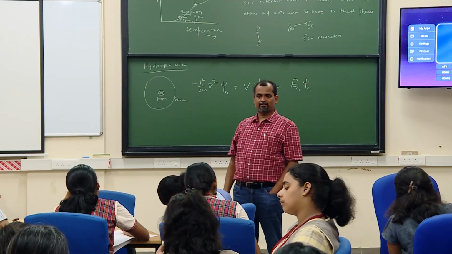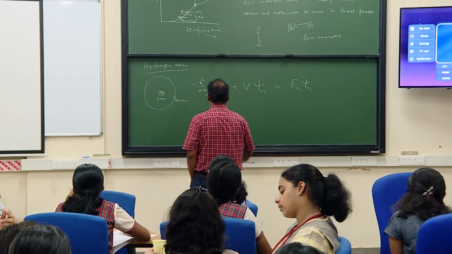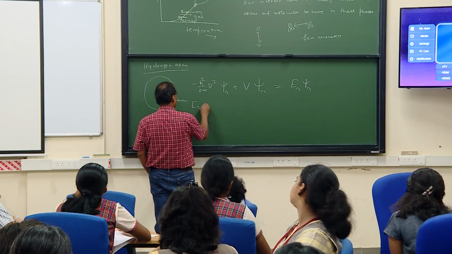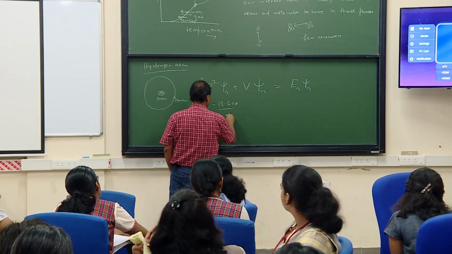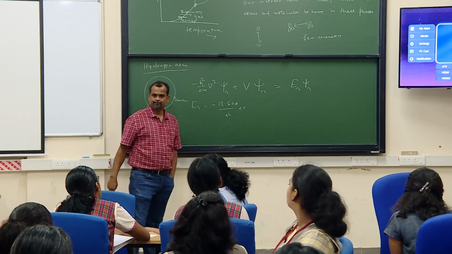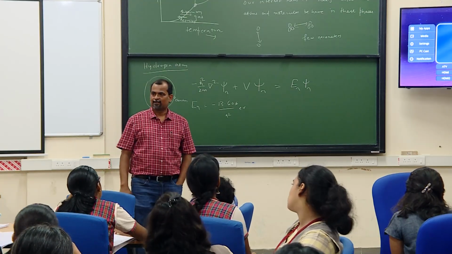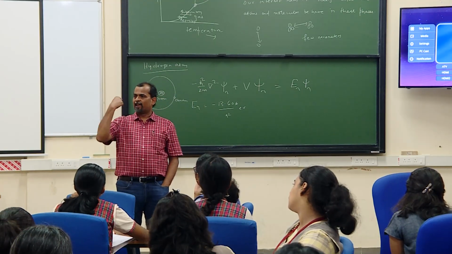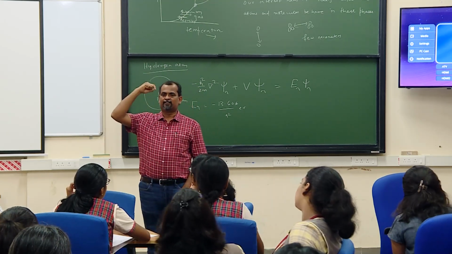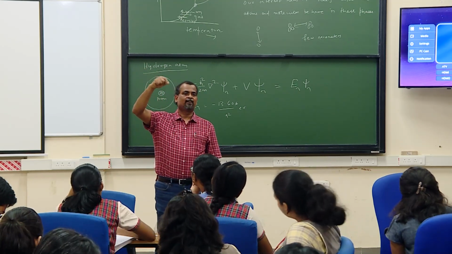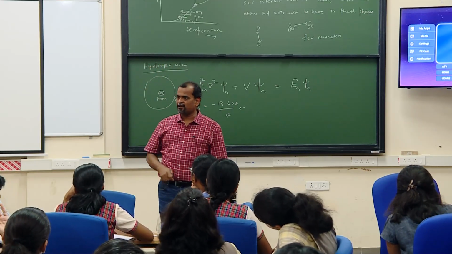If you do the math correctly and solve this problem, you will find that your En is minus 13.6 by n square. N equal to 1 is your ground state, the lowest energy state. Then 2 is your next excited state, then first, second, third, fourth. You go on like that.